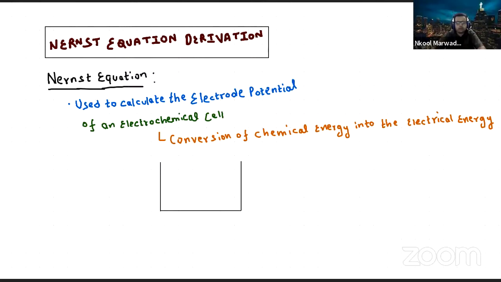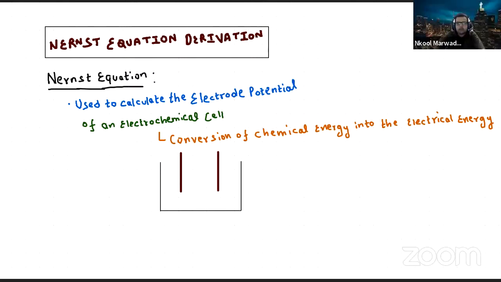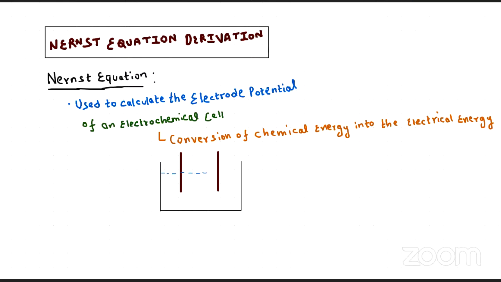This is one electrode, this is another electrode. These electrodes we call cathode and anode, and they are dipped in a solution. That solution can be of any chemical.